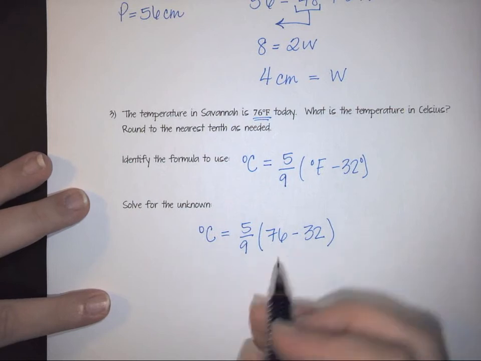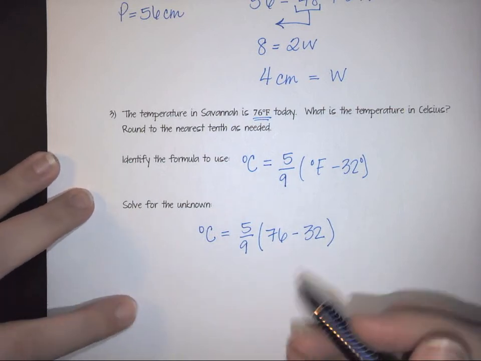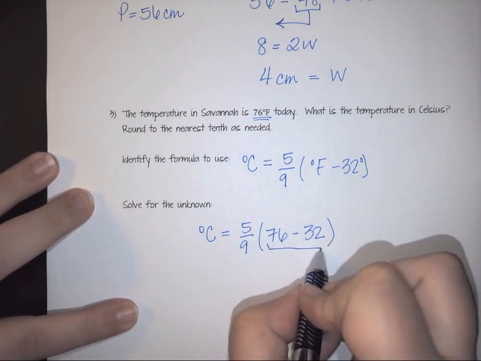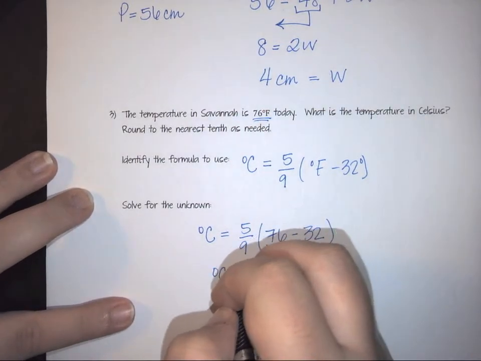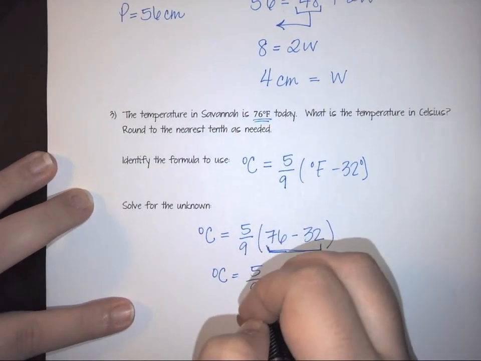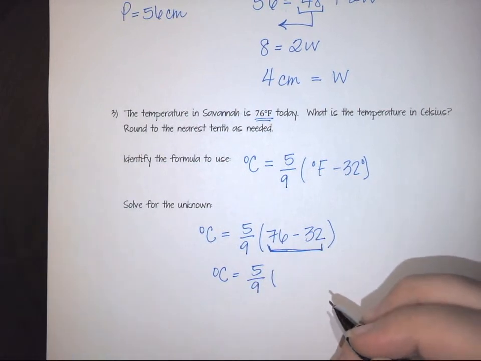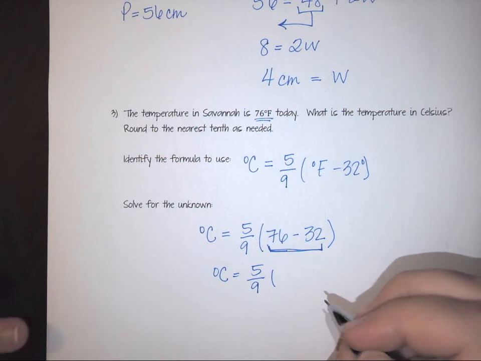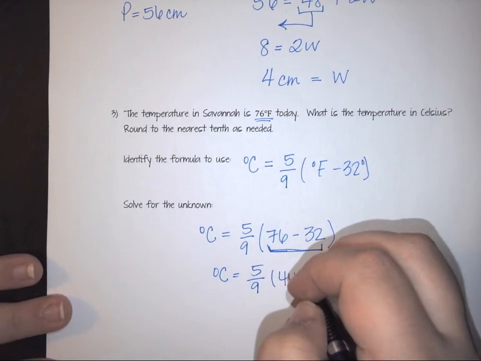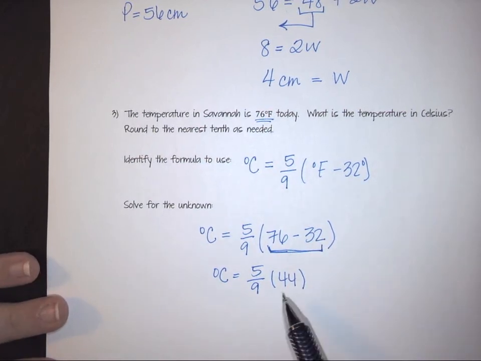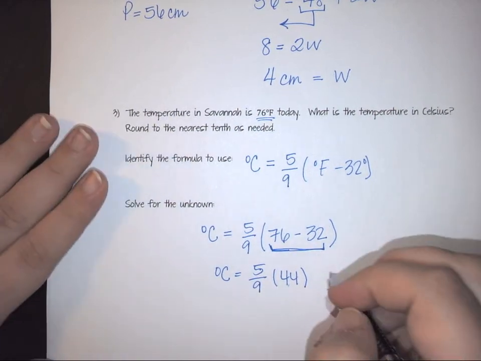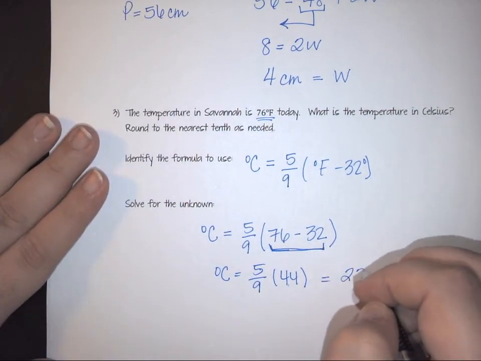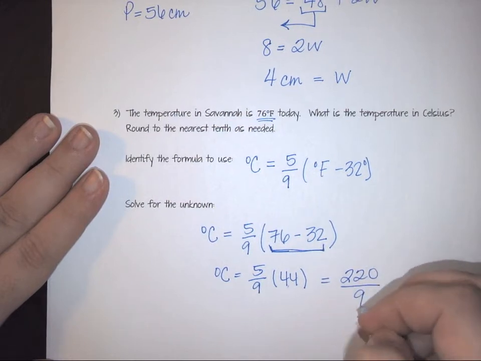So here, work inside your parentheses first, so you need to do this math before you do anything else. So my degrees Celsius is going to be that 5 over 9, and then it's going to be times, and we have 76 minus 32 gives you 44. So we're going to take 44 times 5, which is going to give me 220 divided by 9.